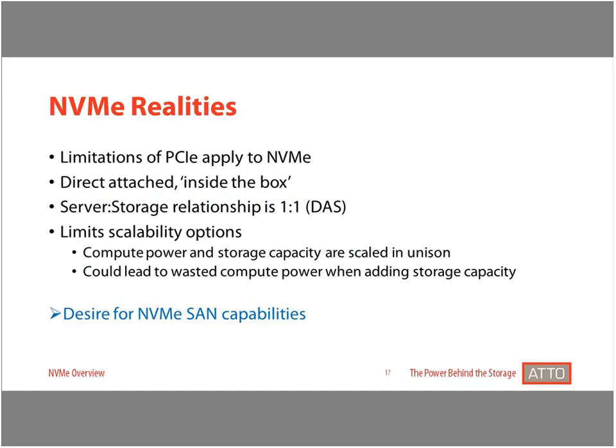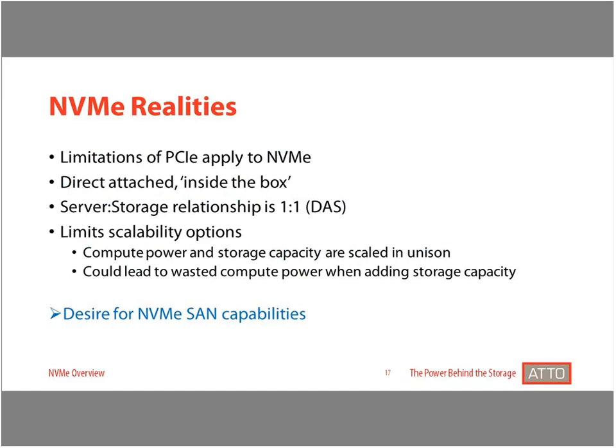There are some realities, some limitations, and we talked about these earlier. It's direct attach, it's inside the box. It's a one-to-one relationship, and there's only so far you can go without repeating the signal. So it can lead to wasted compute power when adding storage capacity. So what people desire is a way to scale out NVMe storage and share it to multiple hosts and clients.